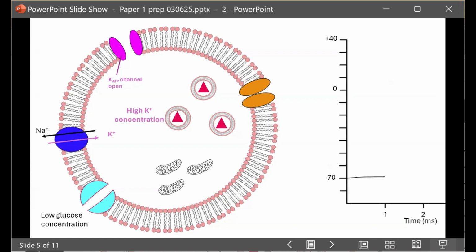So when they have a sodium potassium pump pumping the sodium and potassium in different directions, and we have a high potassium concentration, we know that this is a cell which has a phospholipid bilayer. We know therefore potassium has a positive charge, and the potassium can only leave if there is a channel for it to leave. And so here we have a potassium ATP channel, and this is really important.